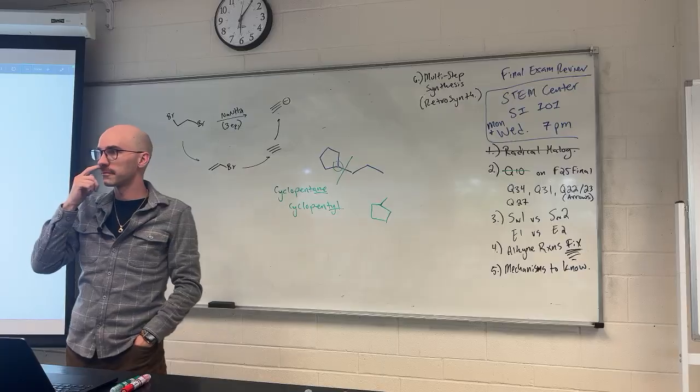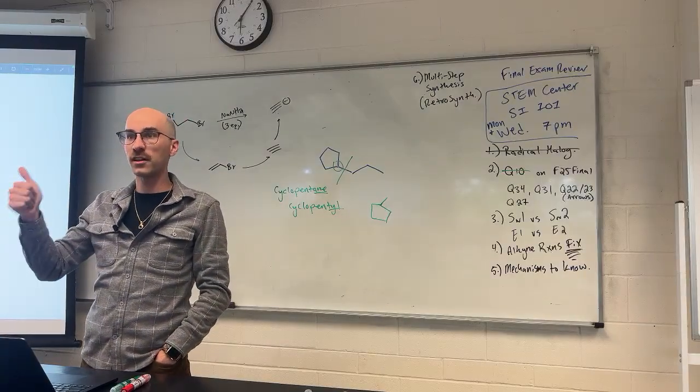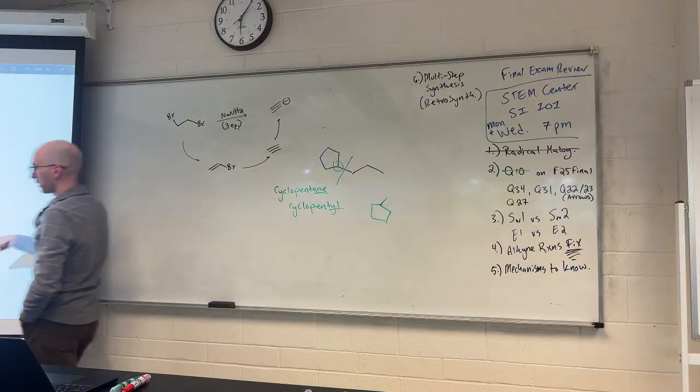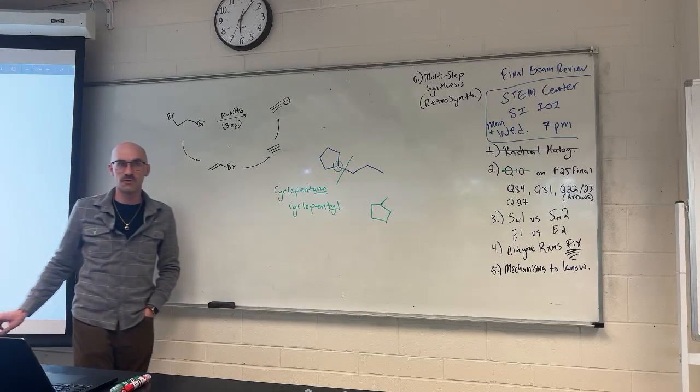Because the alkene is more substituted. More substituted alkene, more stable. And Jordan, what is the substitution on this alkene? Tertiary? We won't use words like primary, secondary, tertiary, but close. What's the substitution of this alkene? 4.